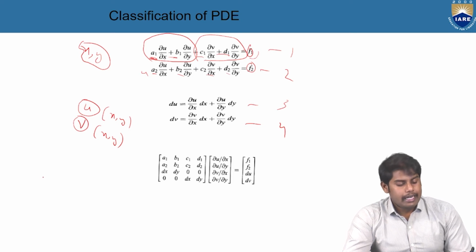If we have the exact differential du, it can be split into partial differential form, because u is a function of both x and y.